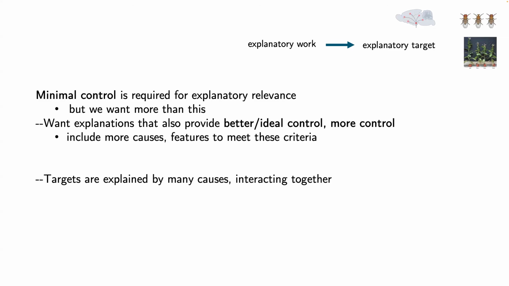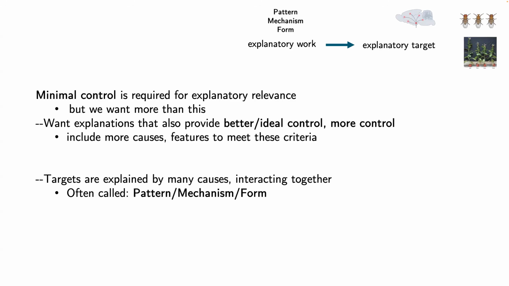Most explanations in biology are citing many interacting causes in integrated kind of groups that are sometimes referred to as causal patterns or mechanisms or forms. So I think one reason for including more causal detail in an explanation is it gives you more information about control over your target, right?